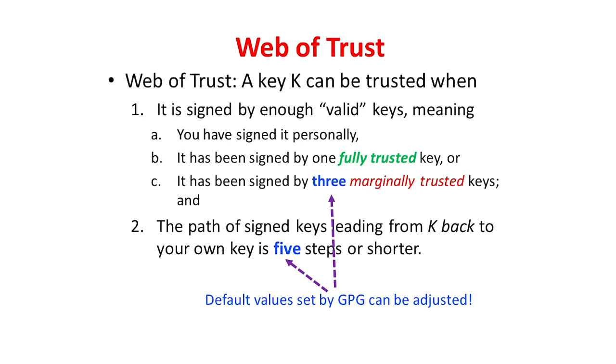Note that the number of marginal trust keys along the path and the maximum path length can be adjusted by the user depending on their application. The 3 marginal trust keys condition in 1C and the 5 steps requirement are the default values set by GnuPG.